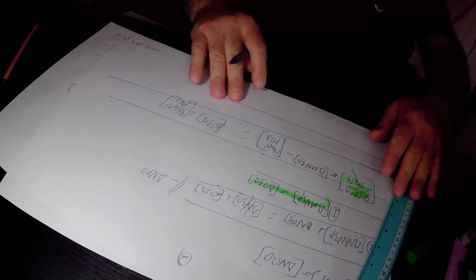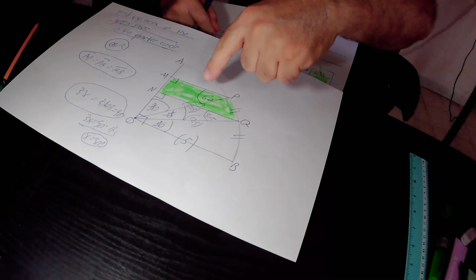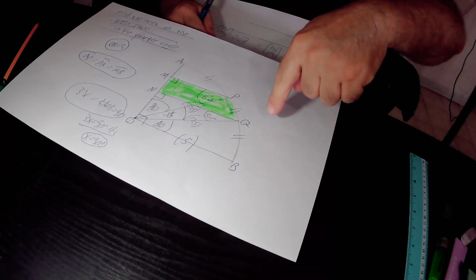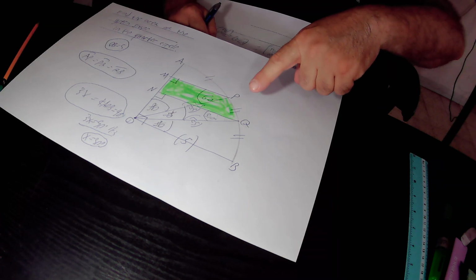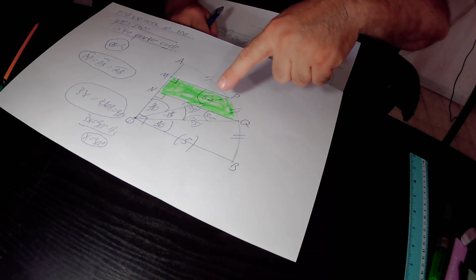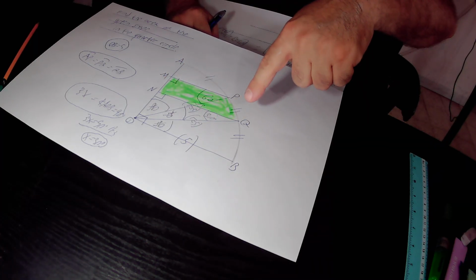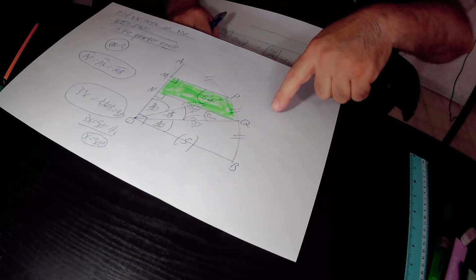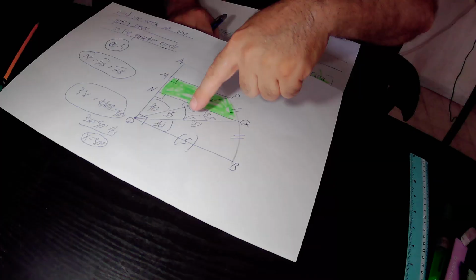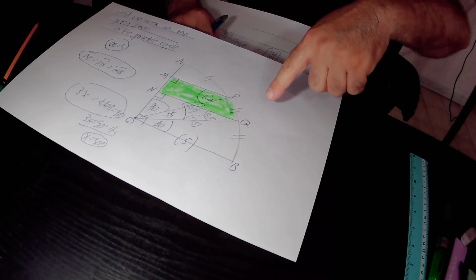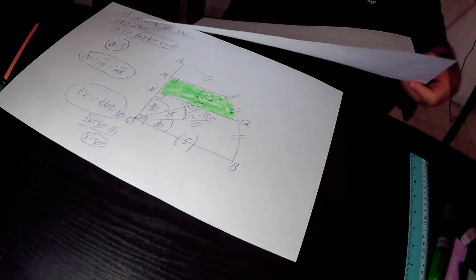So in total we find out that the area of this green shape equals the area of this triangle SOQ plus the area of this small shape PQS. But the area of the small shape PQS plus the area of this triangle SOQ is equal exactly to the area of sector POQ. So write it down.